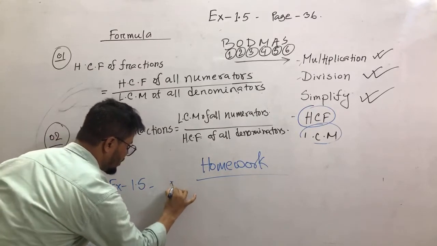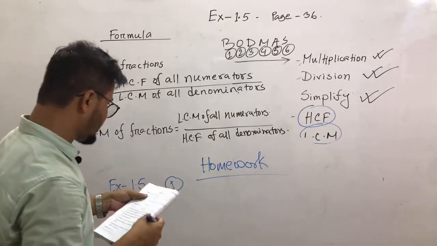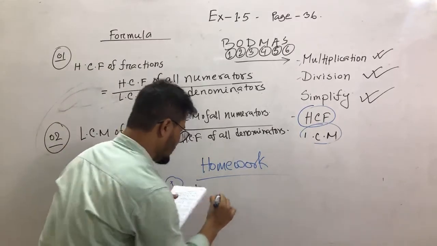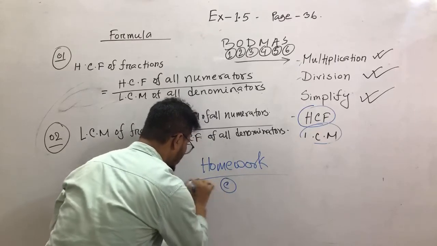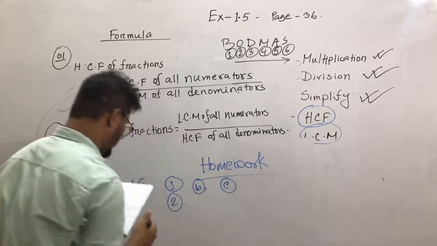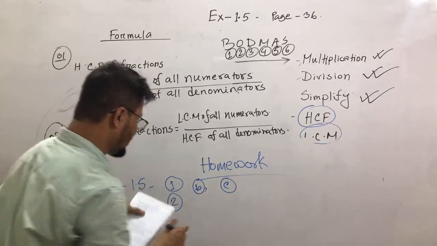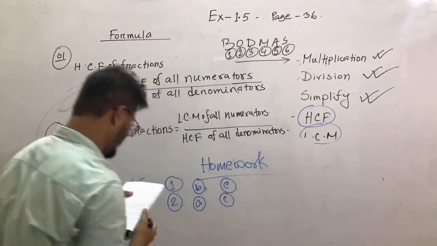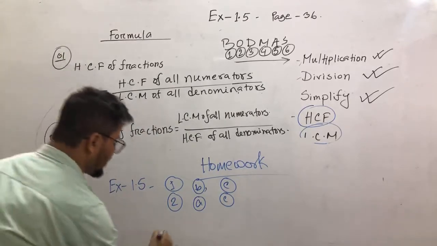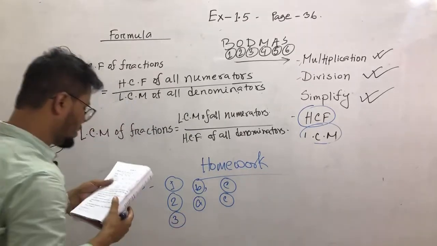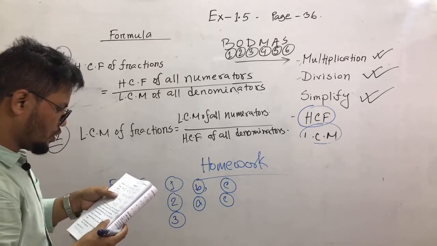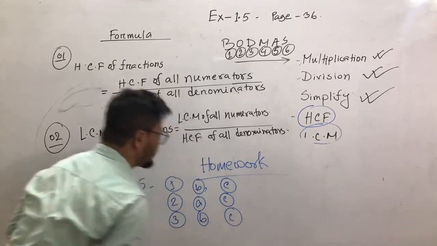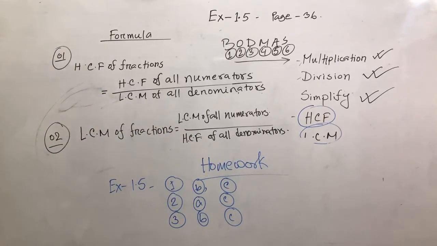Exercise 1.5 number 1, B and number C. And from number 2 I am giving you one divide, then number A and number C. From the simplifications, do question number 3, B and C. So my dear students, this is your homework.